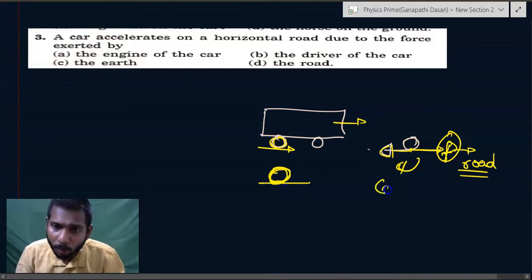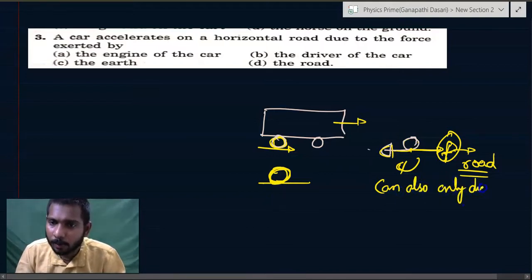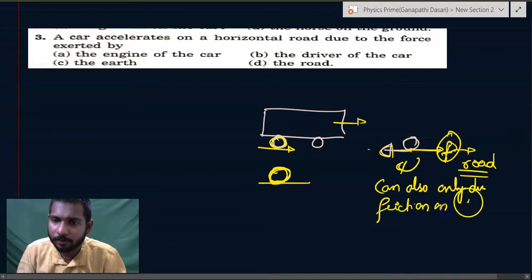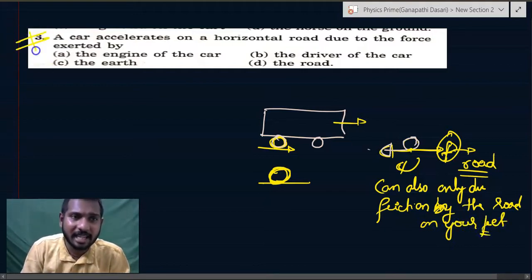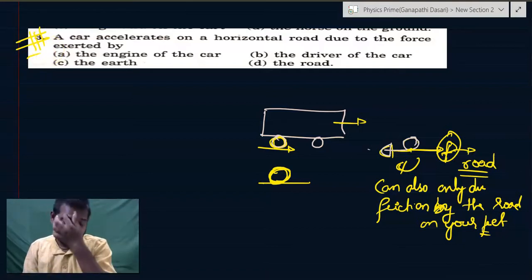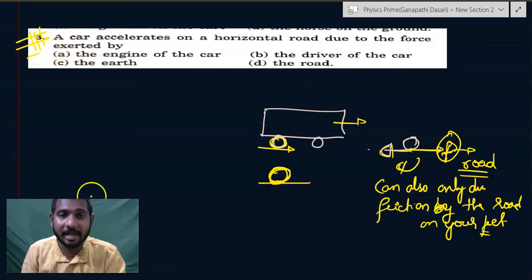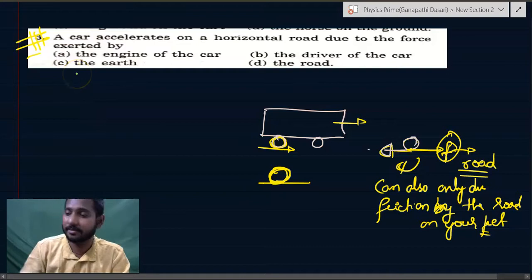You can walk only due to friction on the road. Friction given by the road on you, on your feet, to be precise. You have to be careful in understanding these questions. Sometimes in NEET and other medical exams, this kind of questions will be asked.